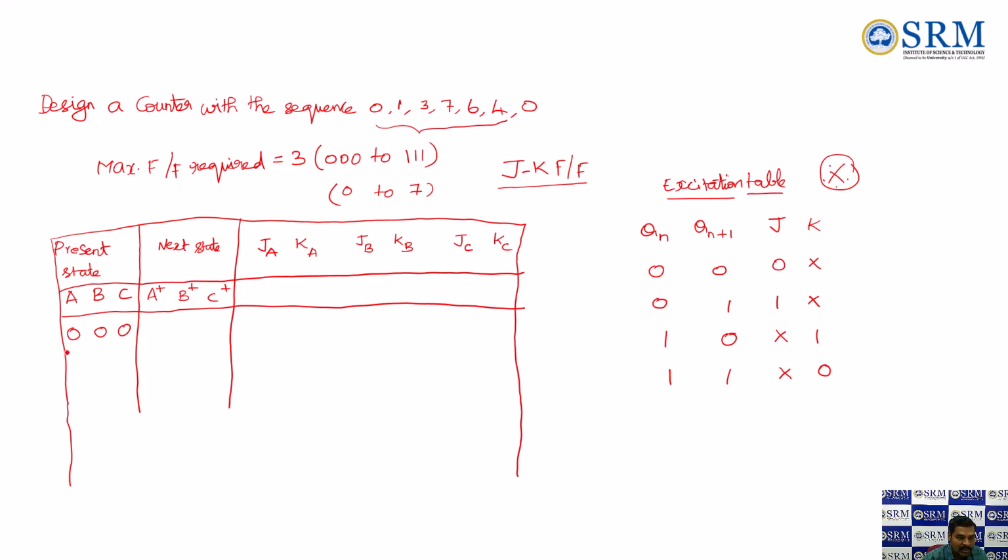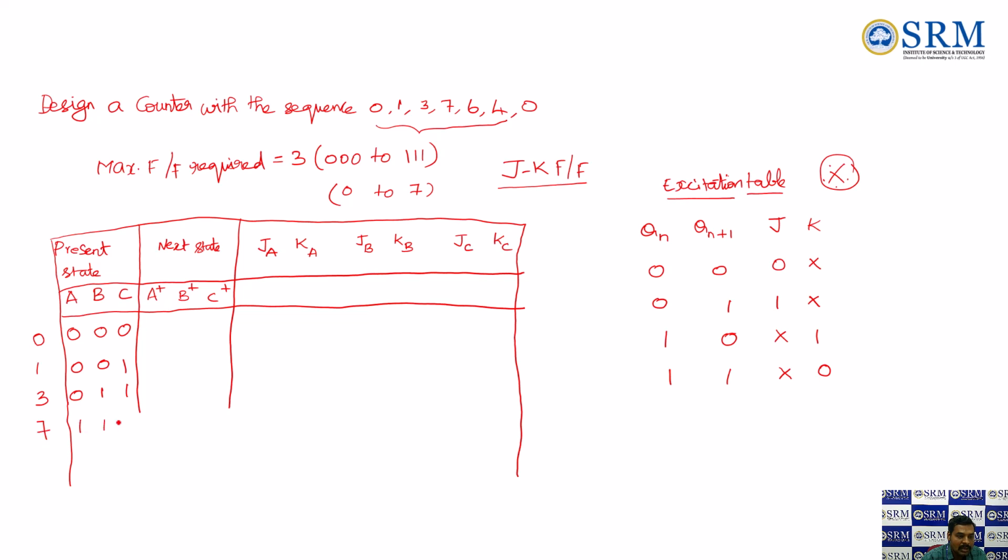I mean zeros, the value is 0, and the next value is 1. So the present state is 0, 0, 1 now. Then the value is 3. The corresponding binary value is 0, 1, 1. Or this is the one type, you can write for other type also, that I will tell later. Then 7.